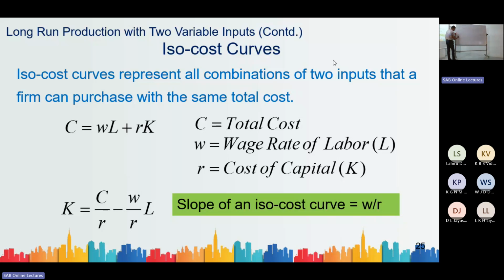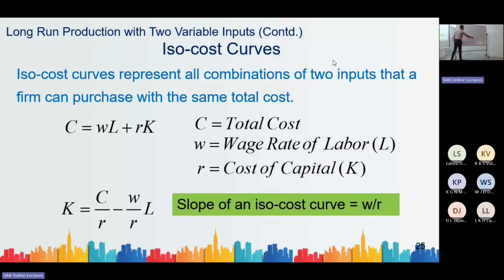On the left hand side, we have K only. On the right hand side, we have C over R minus W over R into L. K equals C over R minus W over R into L. So now we have derived an expression for isocost.